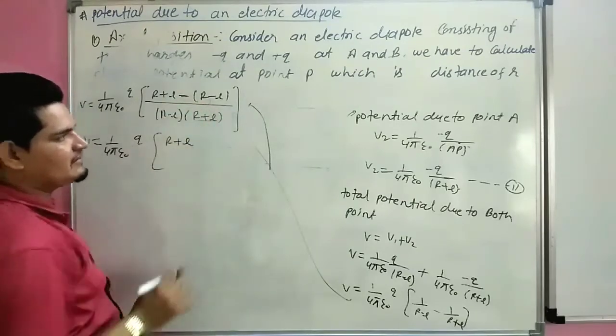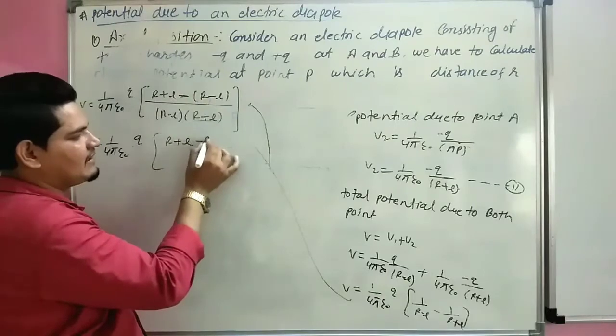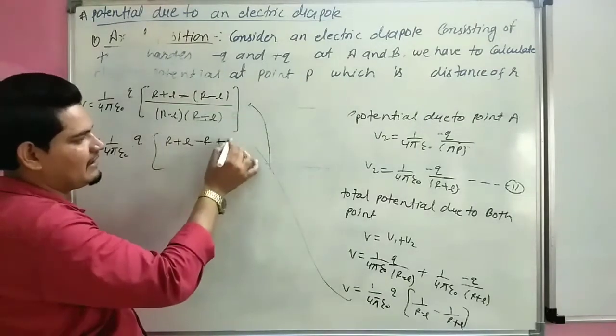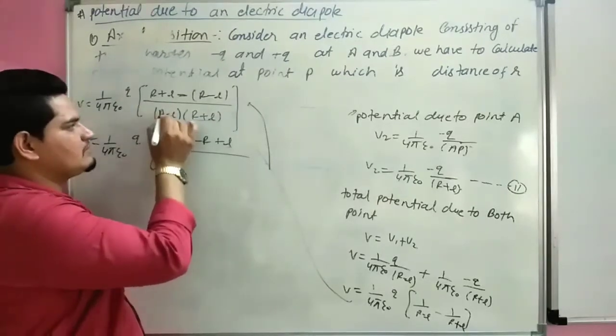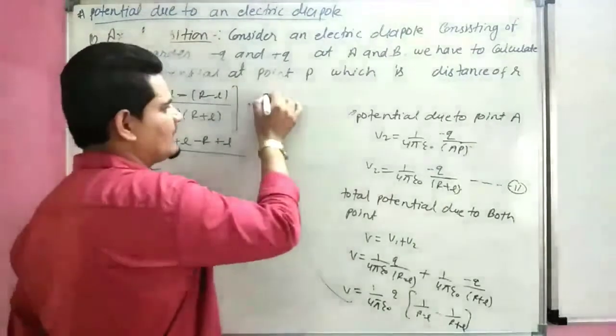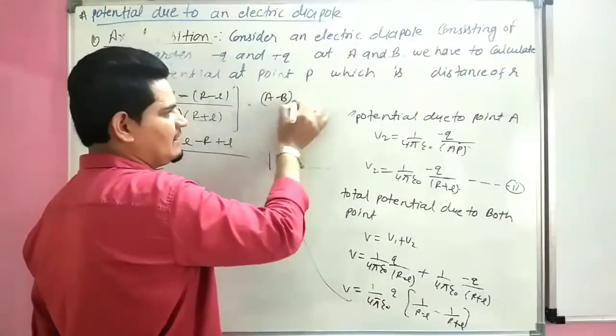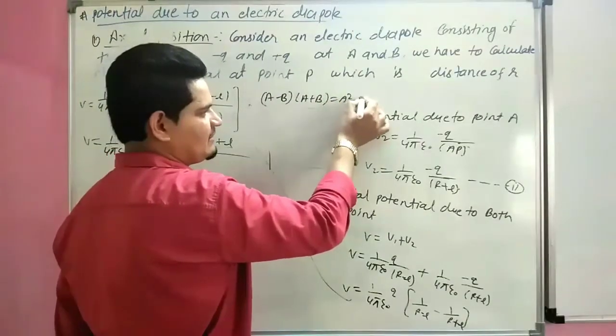Due to the minus sign, the bracket changes: minus R plus l. In the denominator, we use the formula a minus b into a plus b is a square minus b square.